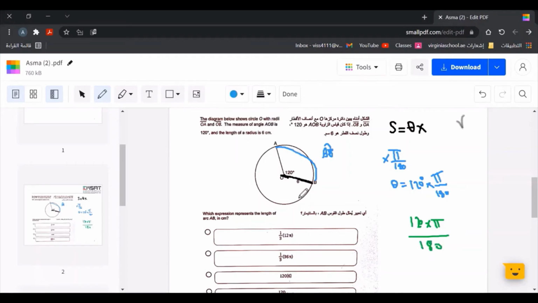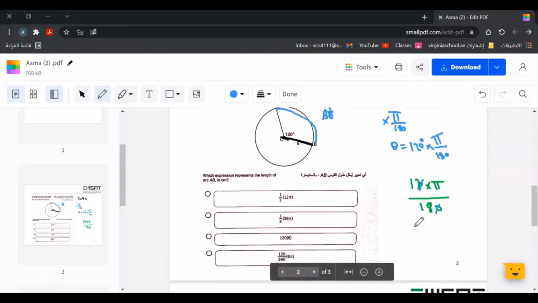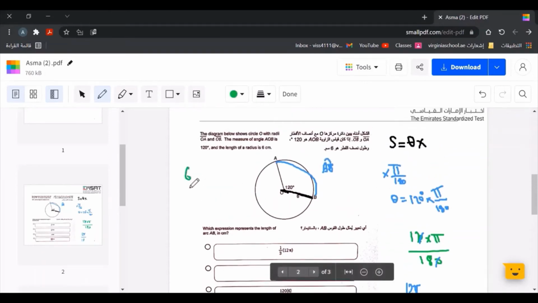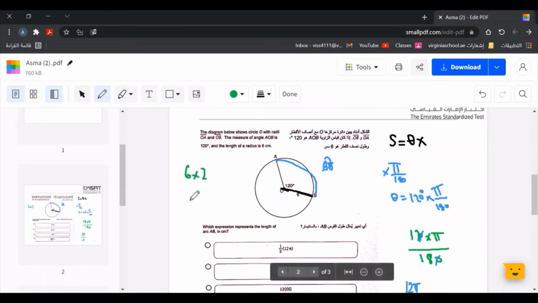So here we can cancel the zeros. So I have to cancel here 0 and here 0. If we cancel the zeros, it will be 12 over 18, and here we have pi. So 12 pi over 18. 12 is also known as 6 times 2, and 18 is also known as 6 times 3.